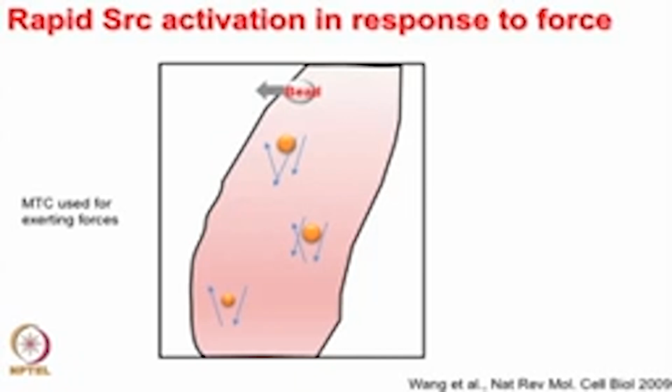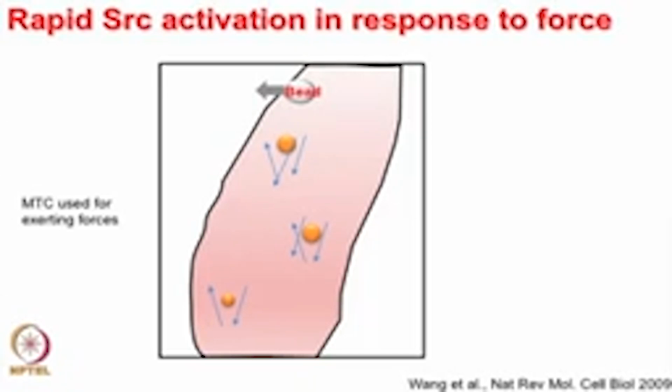And when you exert forces on this bead, what you see is localization of this protein called SRC at specific positions which are far away from the location at which you have exerted the force. So, this is just an example showing that this activation is very fast and it need not be at the site of the exertion point at which you exerted the force. It might get activated much further.